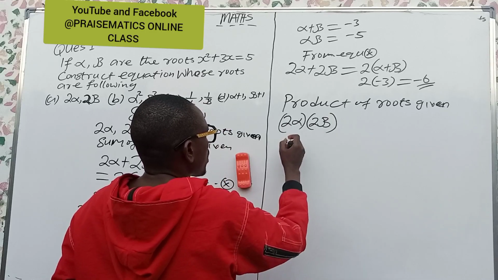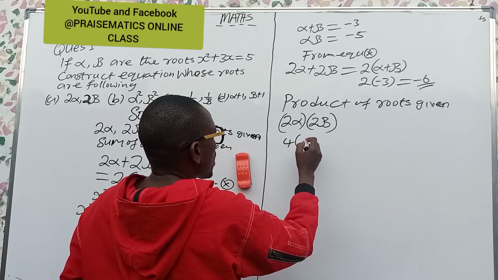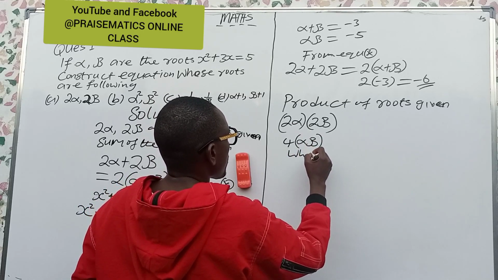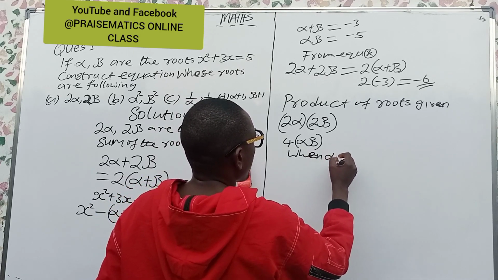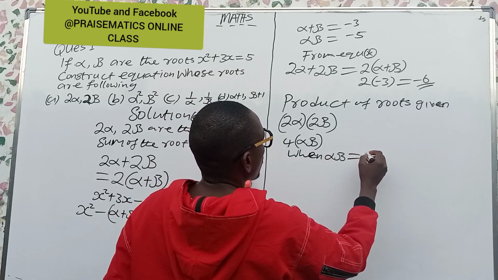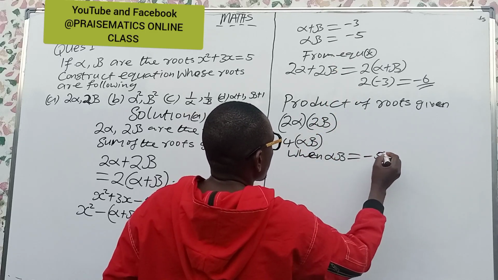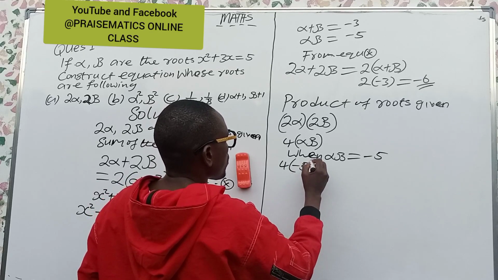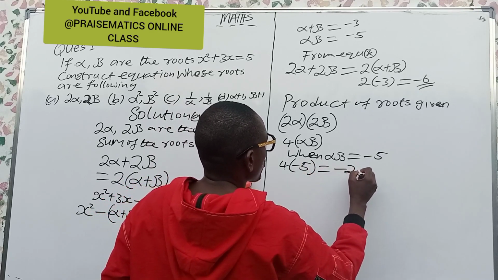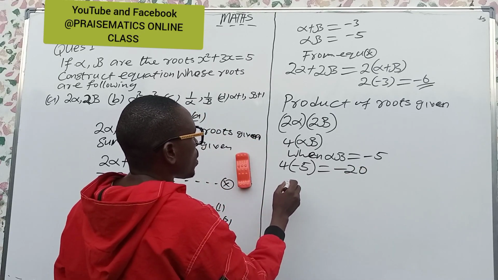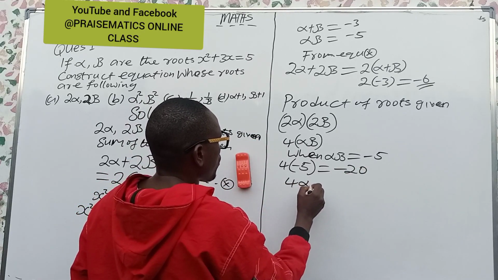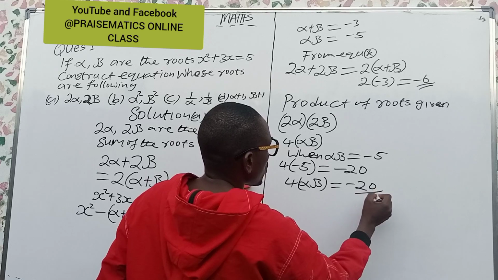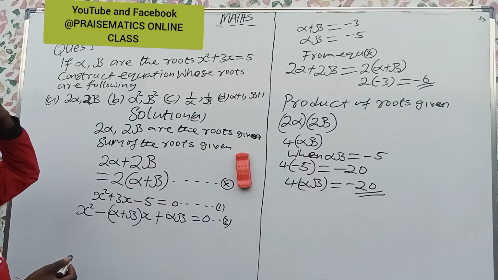What do we have? 2 times 2 will give us 4 alpha beta. From here, alpha beta is equal to minus 5, so we have 4 into minus 5, which is equal to minus 20. In other words, 4 alpha beta is equal to minus 20.